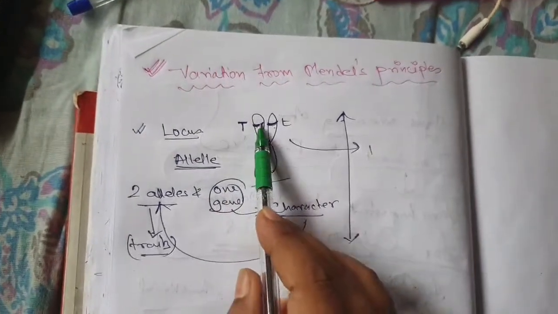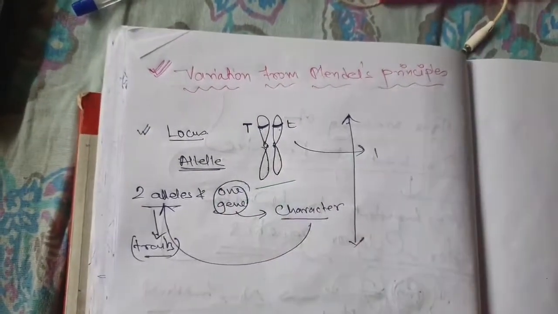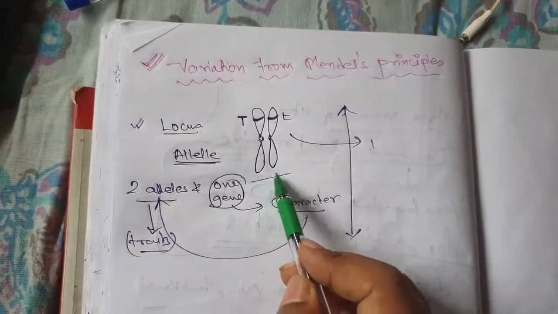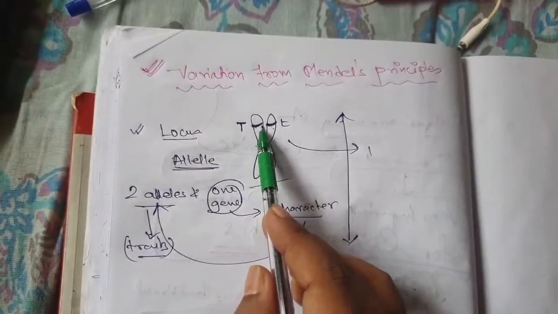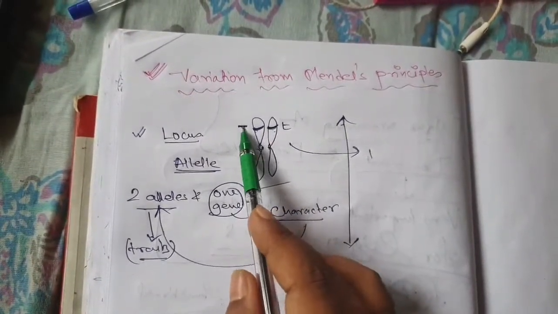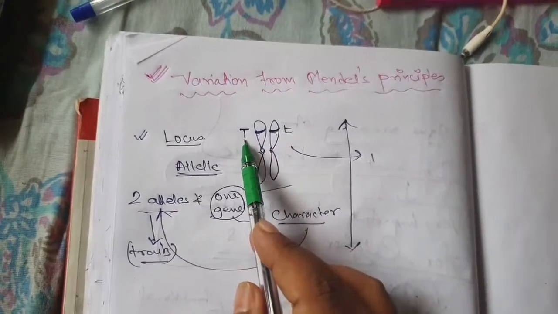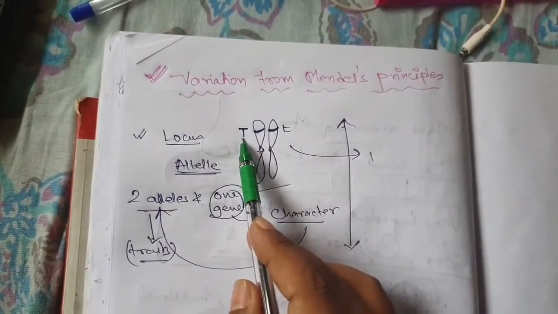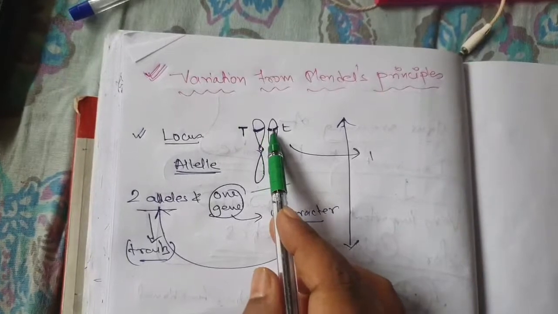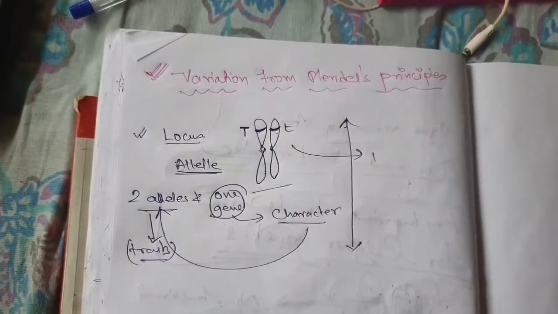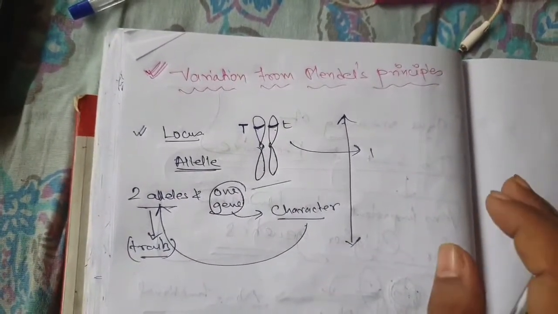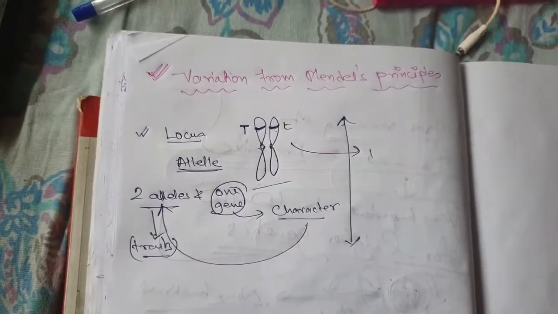And if there is a tall plant and its homologous chromosomes look like this, then this locus codes for the tall phenotype of the height character, and this will code for the dwarf phenotype of the height character.